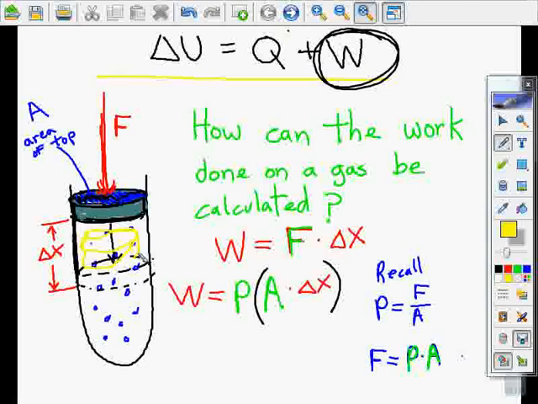If you take the final volume and you subtract the initial volume, the change in volume would be this little piece right in here. So this area along the top times the distance you push down the piston, that's the change in volume. So the new look of the work formula becomes pressure times the change in volume.